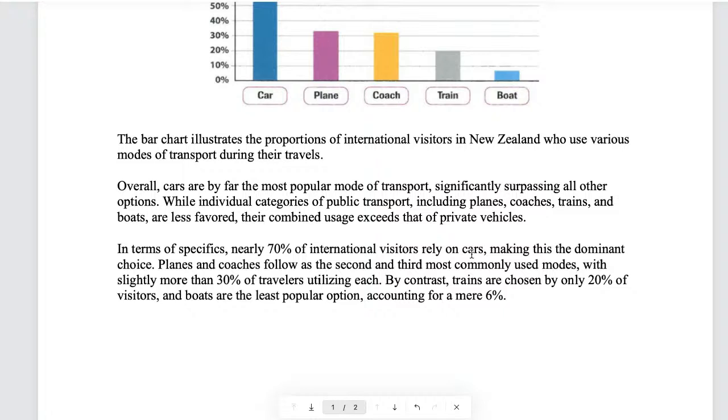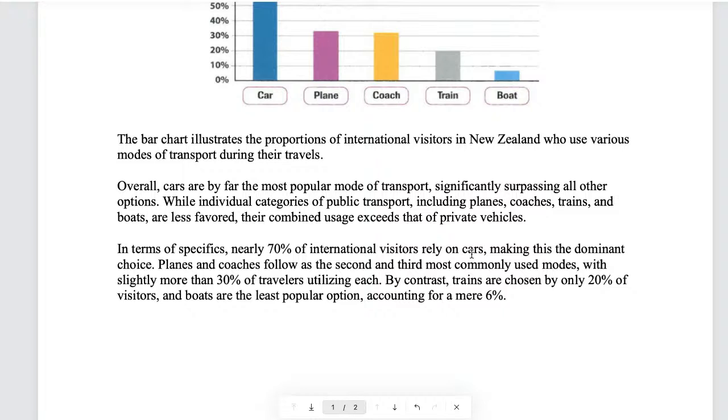Favorite. Okay. Favored. When we say something are less favored, what does that mean? Not so many people like it. Yeah, not so many people like it. Yes, that's right.